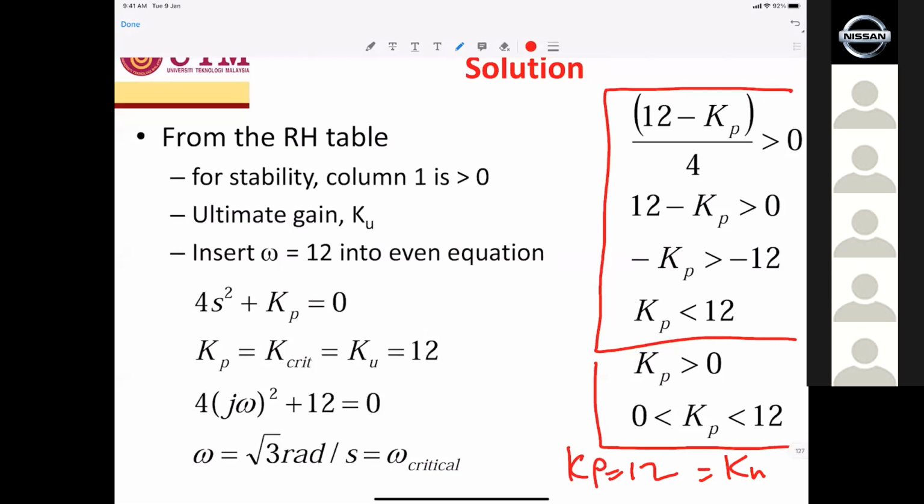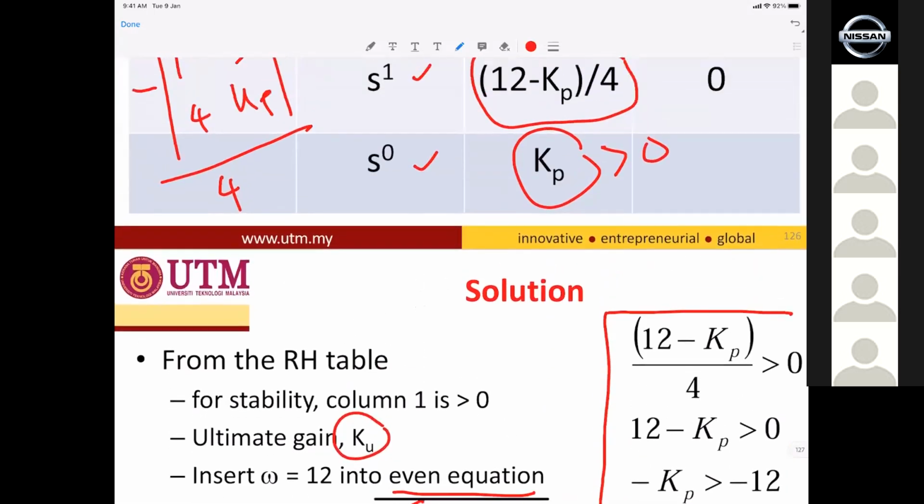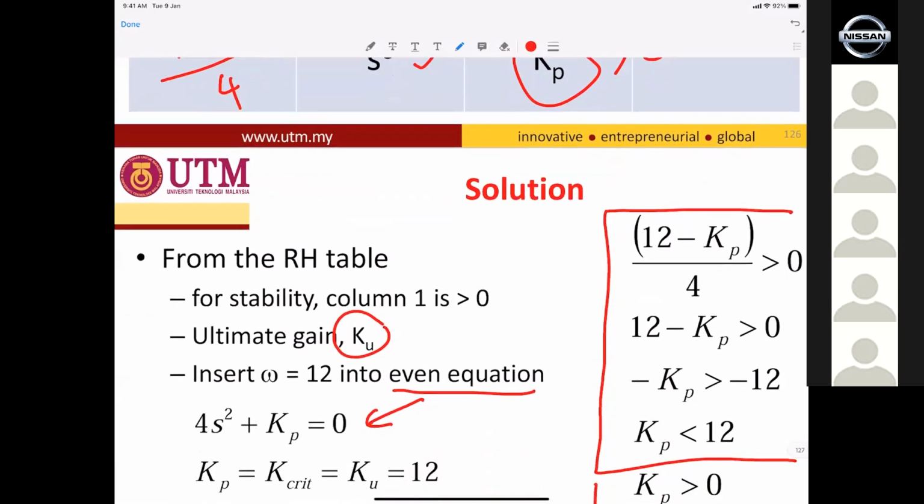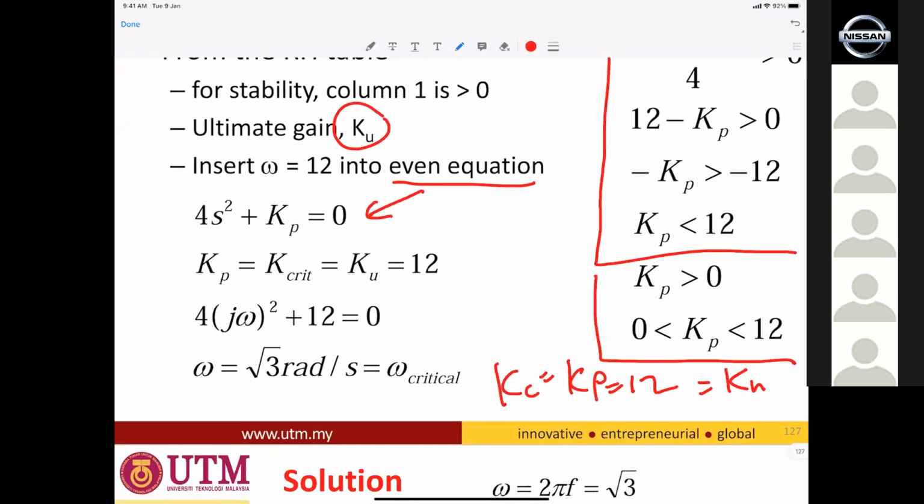So that's why the critical gain, Kc or Kp is equal to 12, equal to Ku. So we insert into the even equation. Where do we get the even equation? From the Routh table here. Even equation: 4S squared plus Kp. So insert the Kp value, 12, inside here.